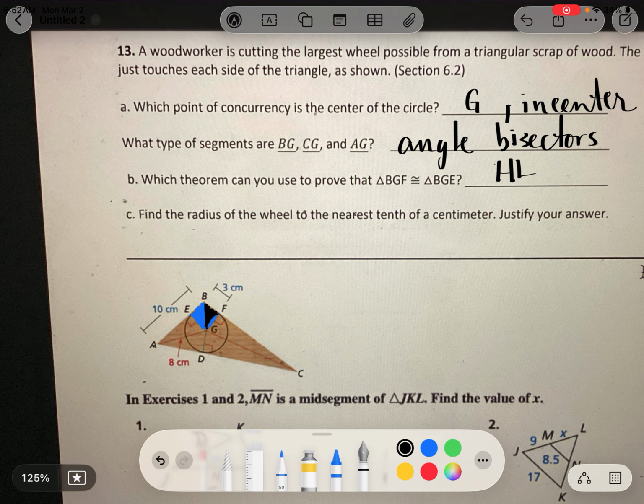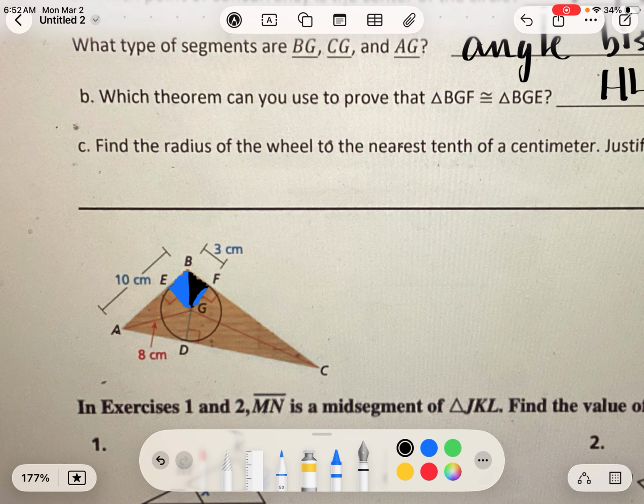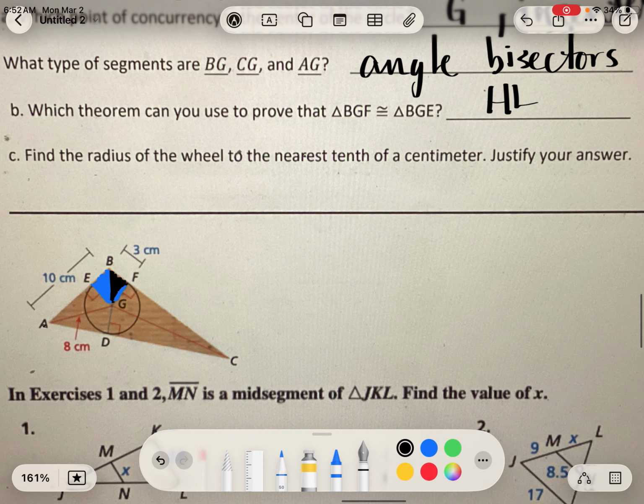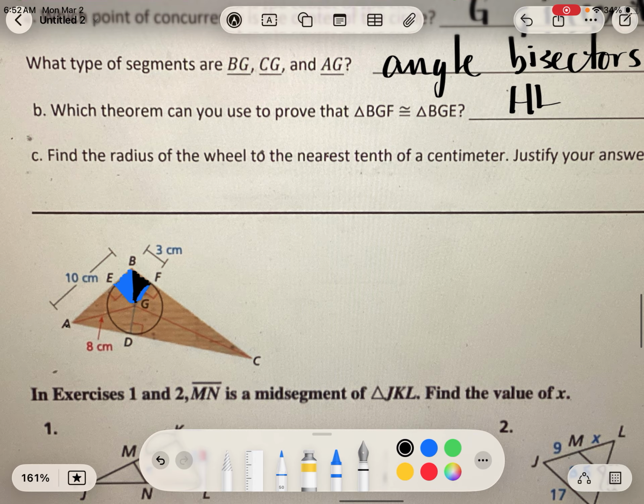And then the last part, find the radius. The fact that they give you all these other things is kind of trying to throw you off a little bit, okay? Let me get rid of those colors that I put in there.